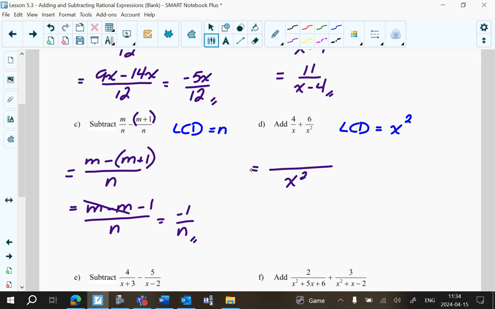What do I have to multiply the first fraction by to get from x to x squared? Just x, right? So doesn't that mean I have to multiply the top by x? So 4 times x, or 4x. The second fraction already is over x squared, so I don't have to multiply by anything. I just leave it as plus 6. Can't combine them, can't reduce. That's as far as I can go.